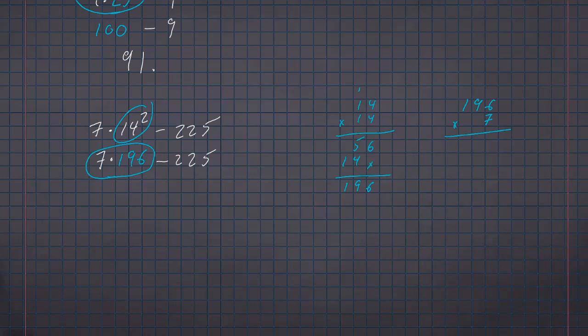So let's work through that. 7 times 6 is 42, right? The 2, carry the 4. 7 times 9 is 63, plus 4 is 67, right? The 7, carry the 6. 7 times 1 is 7, plus 6 is 13. So the exact answer is 1,372, really close to 1,400.